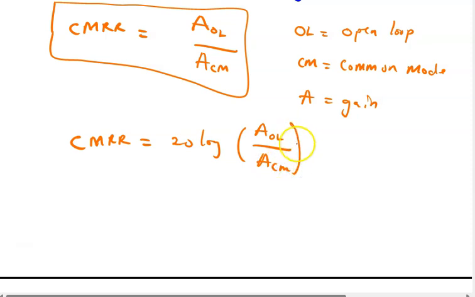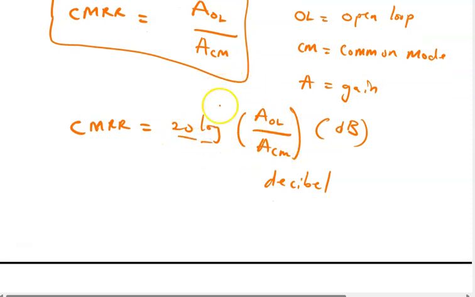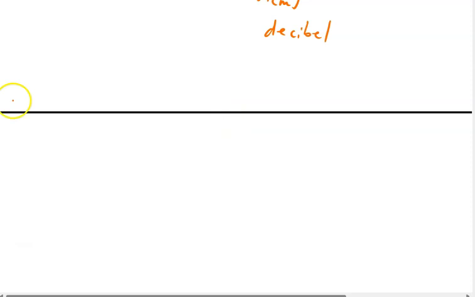Decibel is spelled D-E-C-I-B-E-L, with a capital B in the abbreviation dB. So if I want to convert it to decibel, I just need to find 20 log of the final answer.